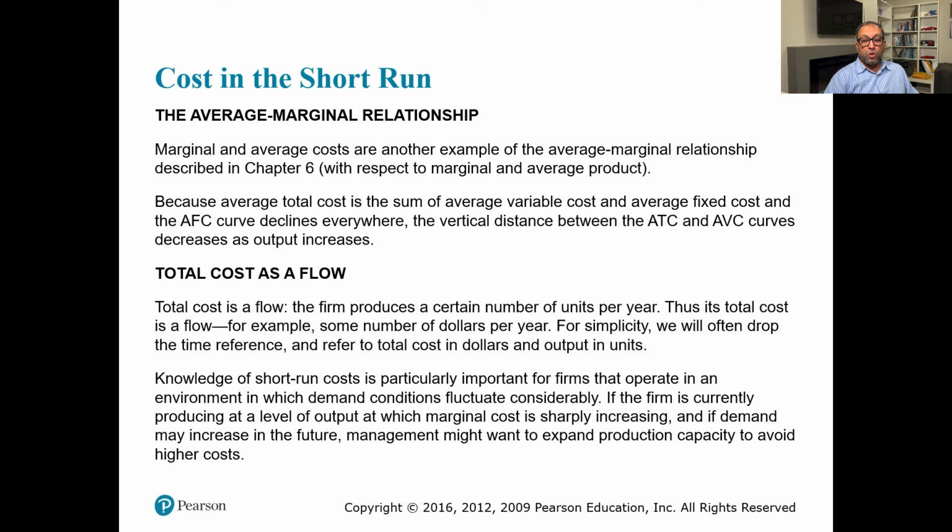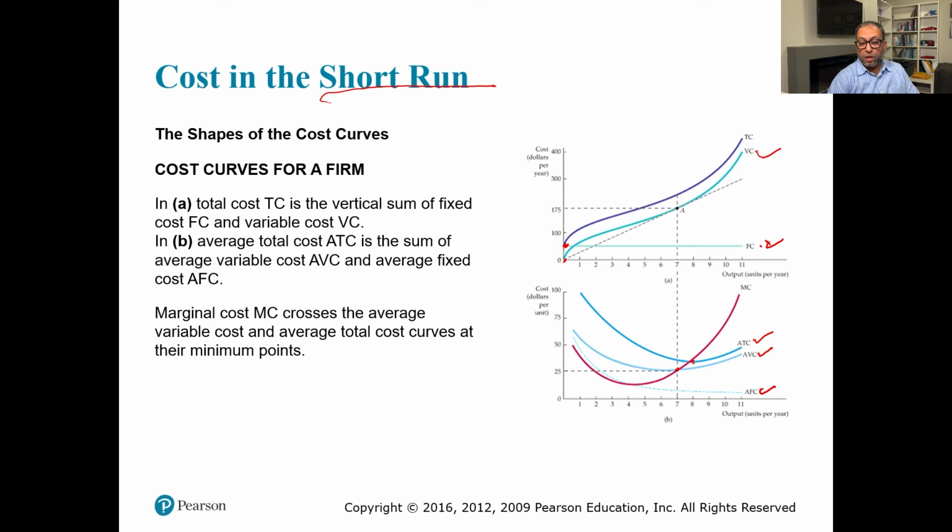Average total cost is the sum of average variable cost and average fixed cost, and average fixed cost declines everywhere, so the vertical distance between the ATC and AVC curves decreases as output increases. What we are explaining here is that average fixed cost in the short run is always declining, because as we produce more and more, the average fixed cost decreases.